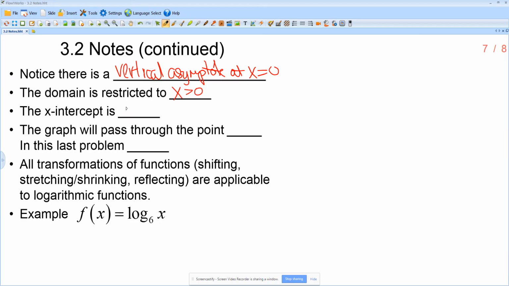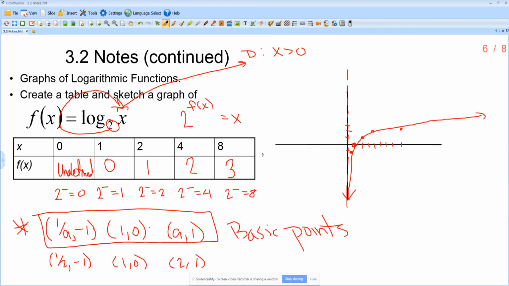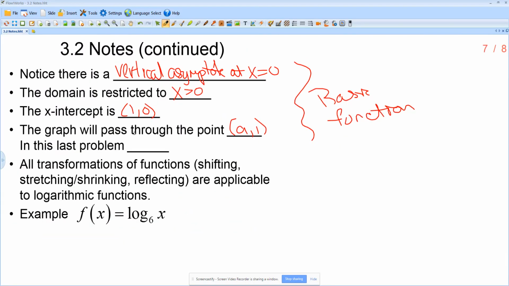The x-intercept is always 1, 0. And again, this is all for a basic function, meaning something that has not been shifted, dilated, or reflected. The graph will pass through the point a, 1. So in this previous problem, a was 2. So 2, 1.